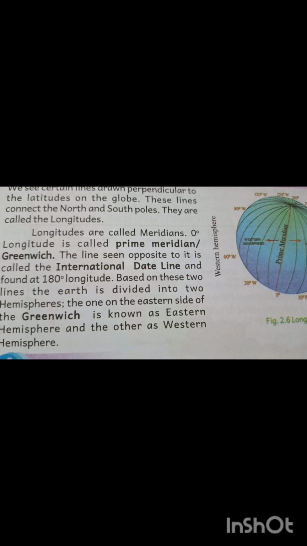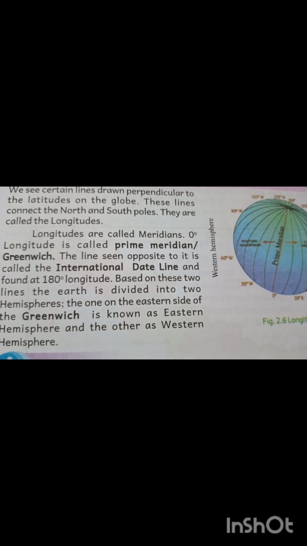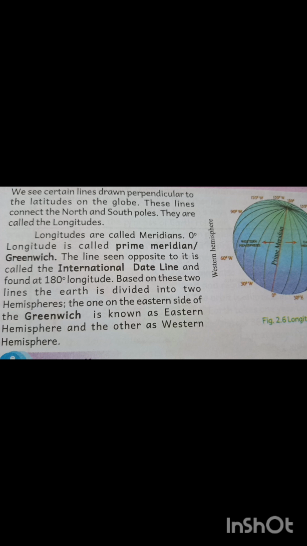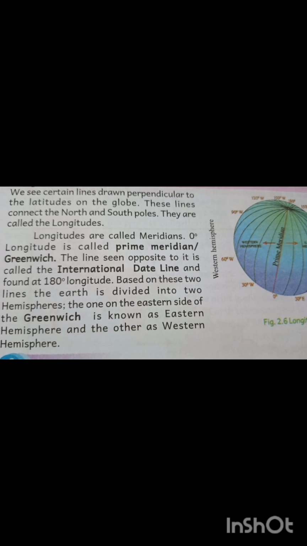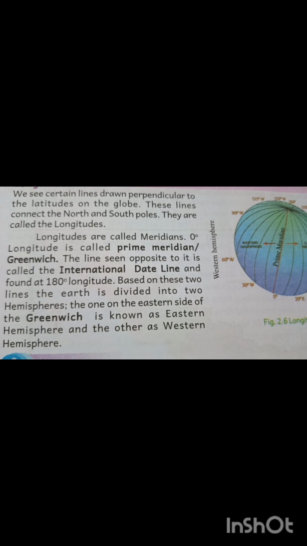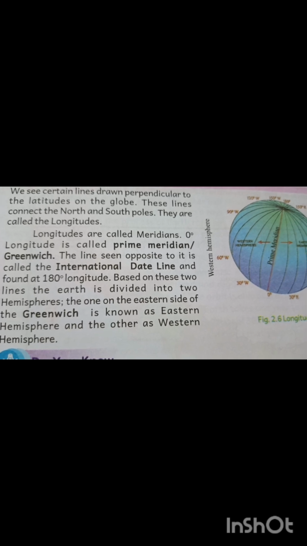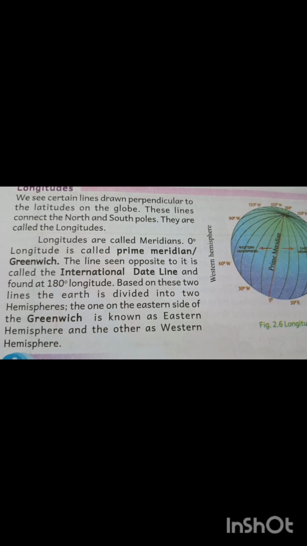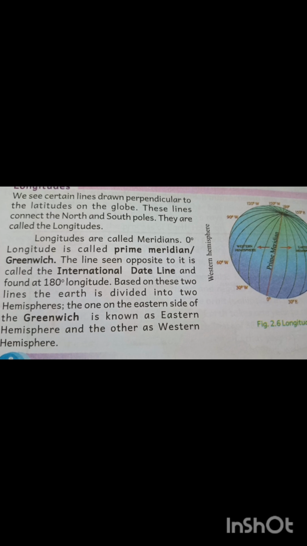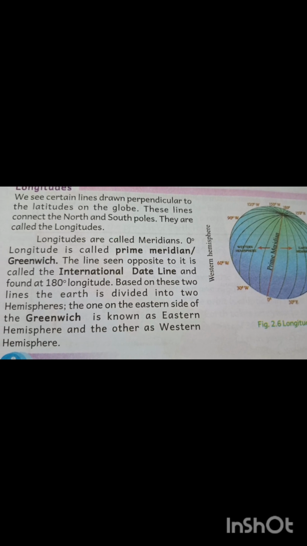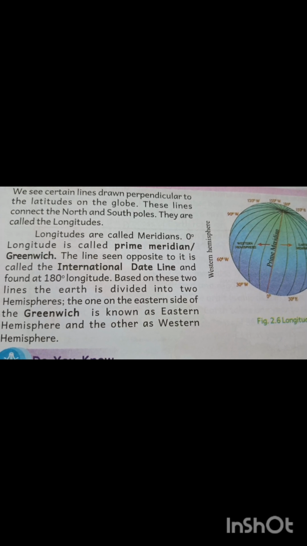The line seen opposite to it is called the international date line and found at 180 degrees longitude. Based on these two lines, the earth is divided into two hemispheres.